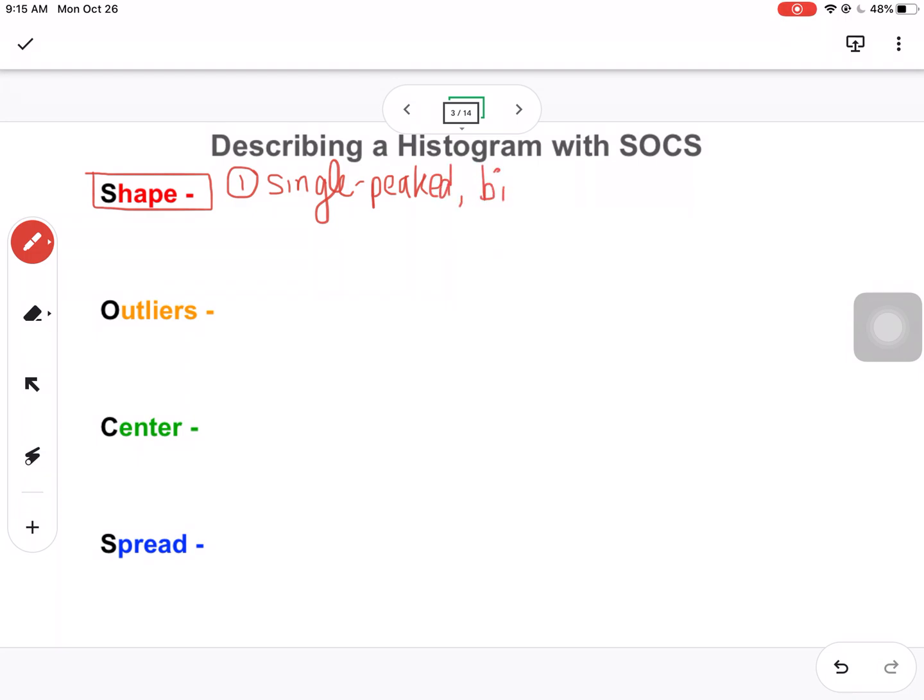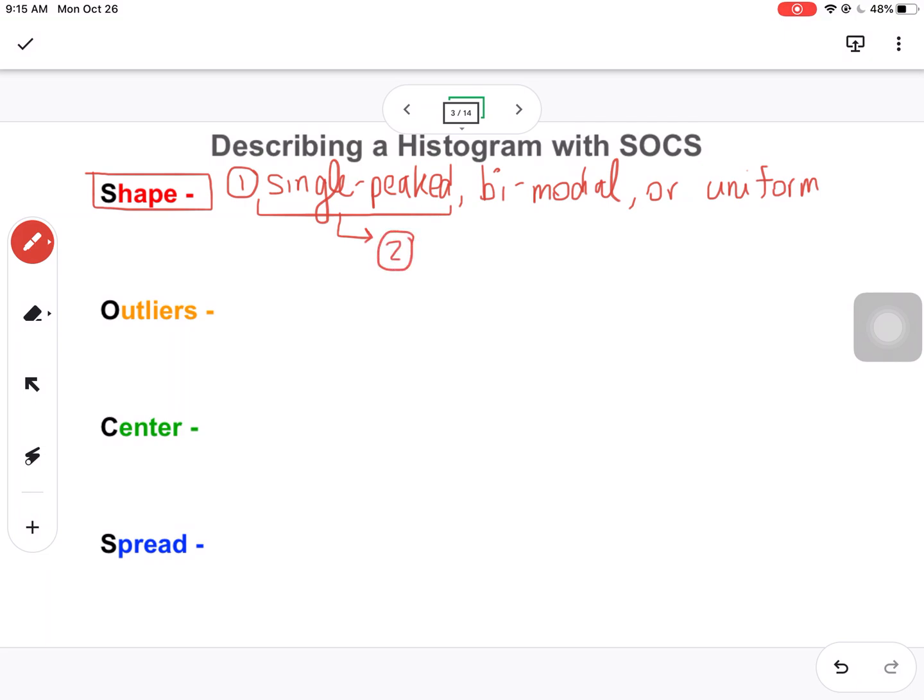Bimodal means that it has two peaks, or uniform means that it has no peaks. It's just basically flat across. Something that is single peaked, and we'll get to an example of this in a moment.